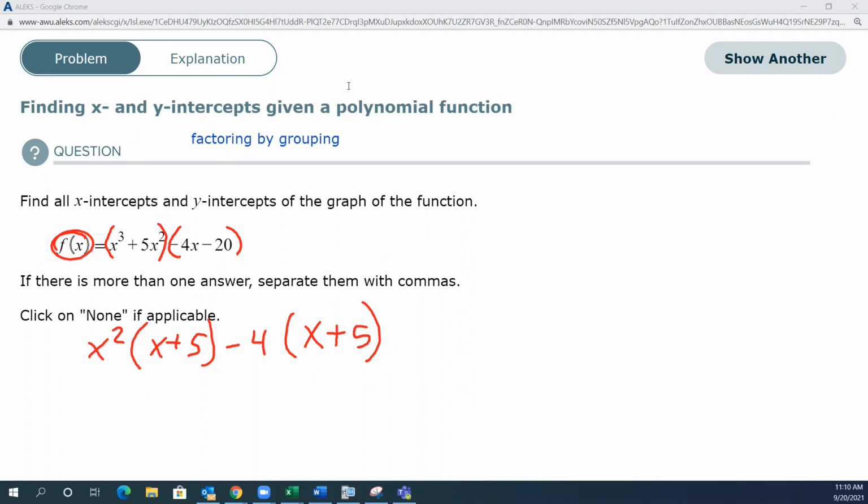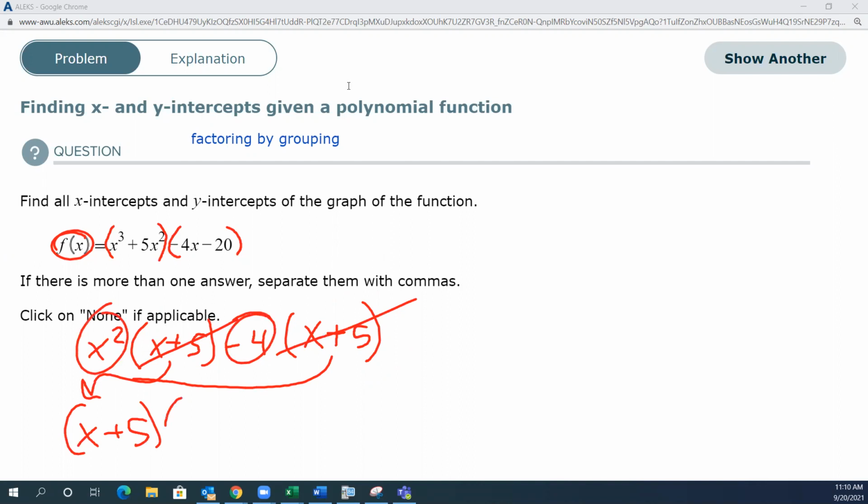But they are the same. And so I can now factor an x plus 5 out of both of them, which leaves me with x squared minus 4. Aha! Now it's factored.